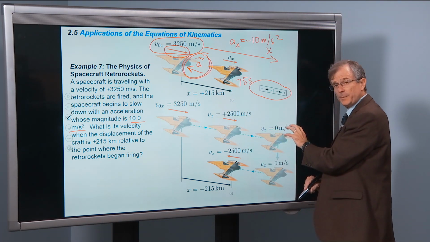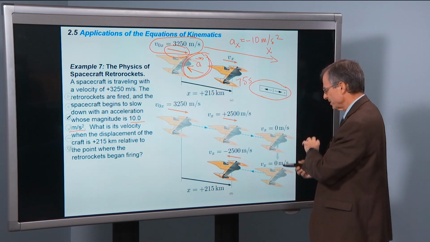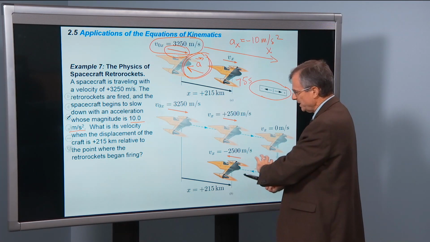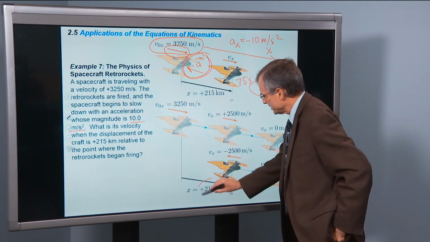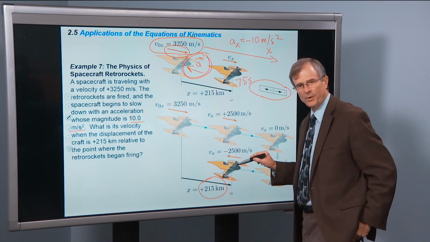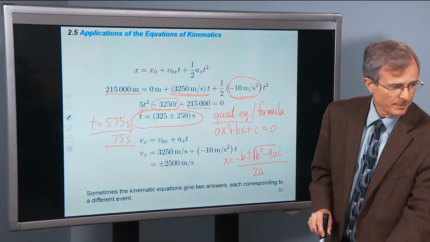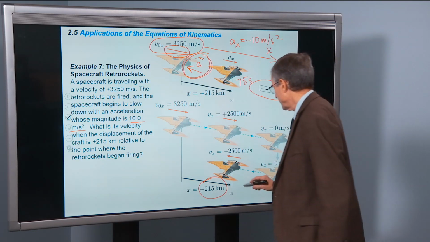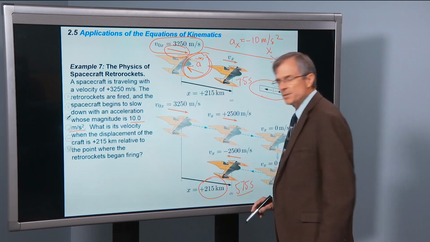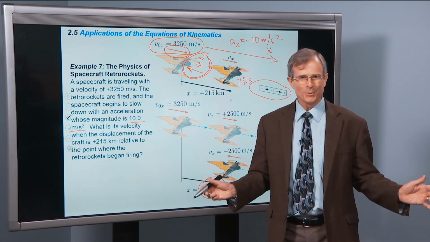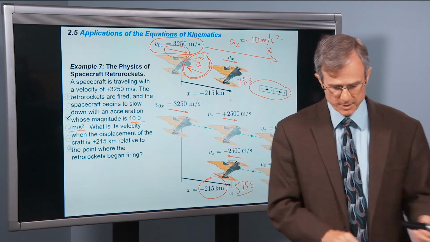Here it's going 0 meters per second, but it's still slowing down. Its acceleration is still in this direction. Now it starts to speed up, and it again crosses this 215 kilometer point, at that later time of 575 seconds. So you don't have to guess. The math tells you that it's going to be at that 215 kilometer point at two different times.